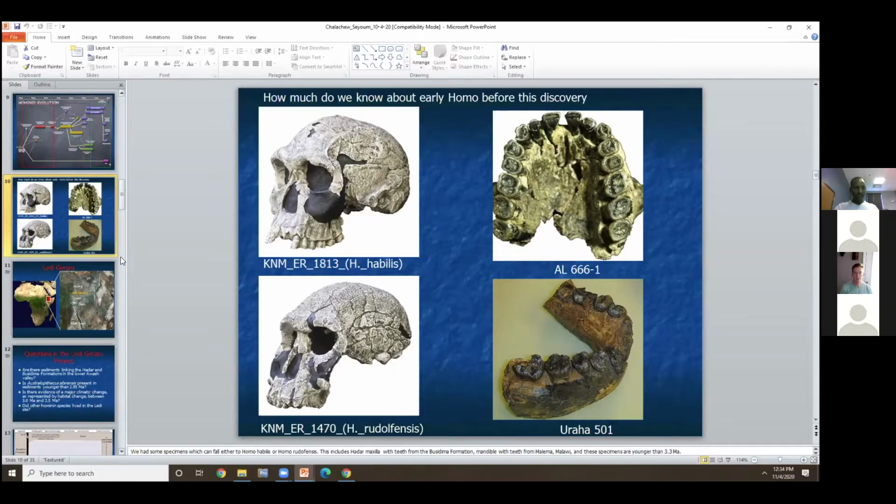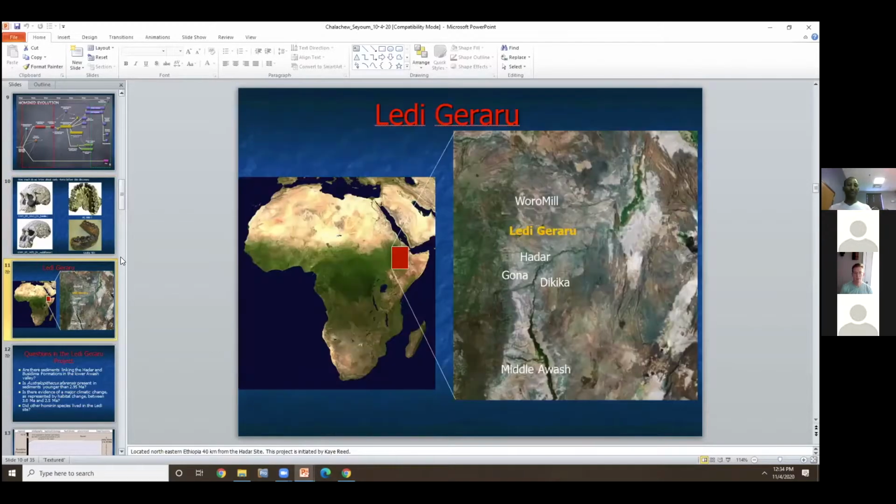Then this really initiated a group of people working in a particular area north of Hadar, a site called Ledi-Geraru. And Ledi-Geraru, as you can see here, is sitting between Woranso-Mille and Hadar, and Gona.